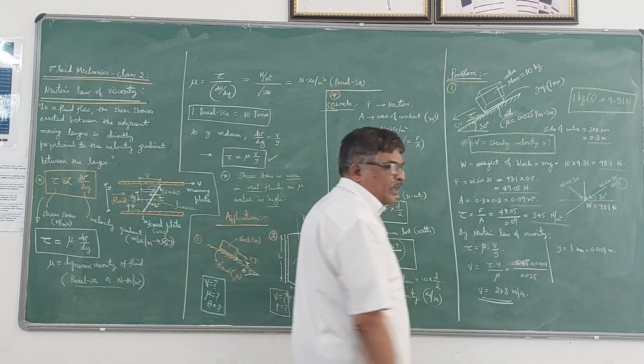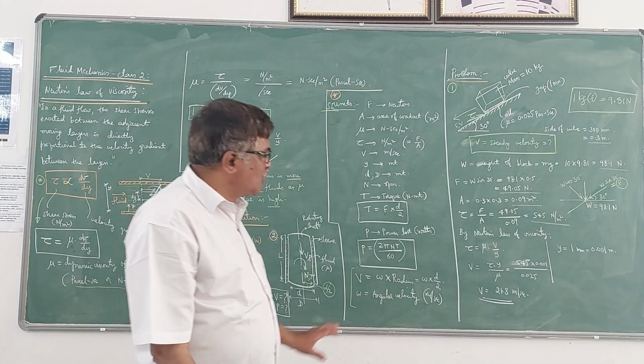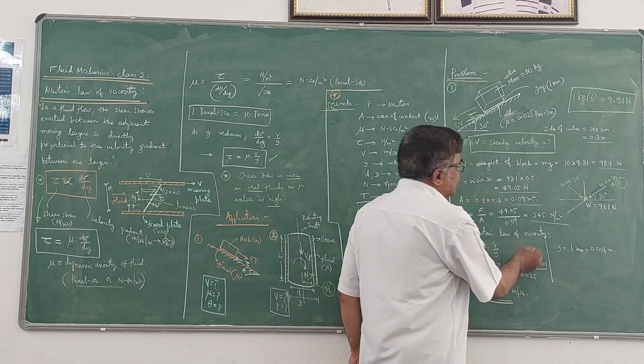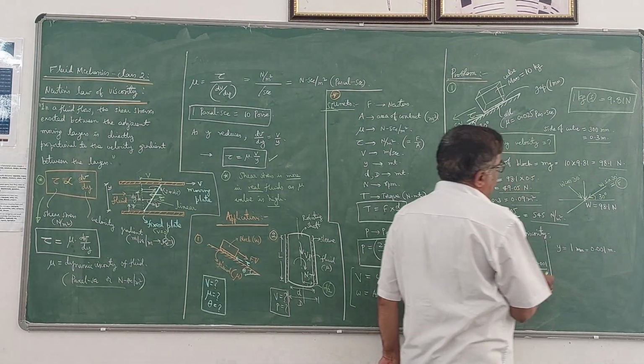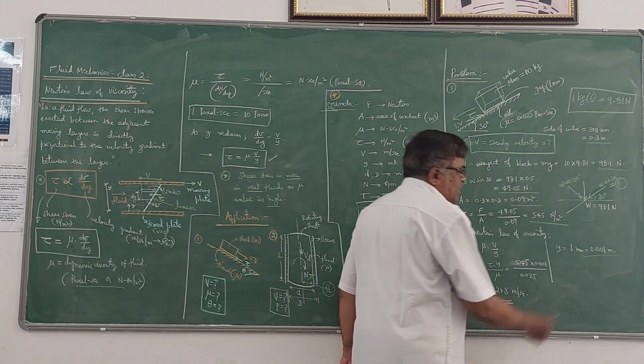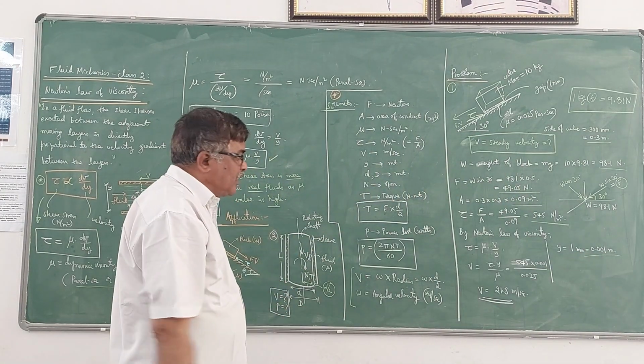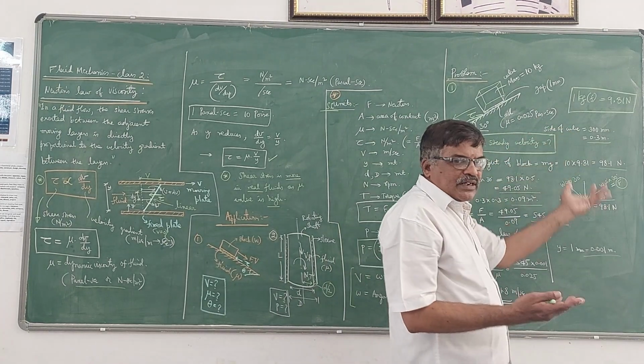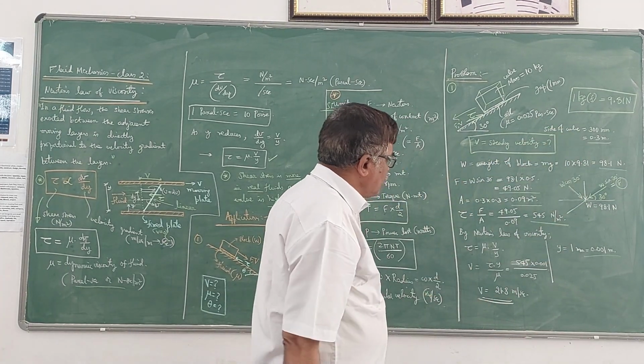Everything should be substituted in SI units. Tau is 545 Newton per meter square, into y, which is 1 mm, so it should be converted to meters, which is 0.001 meter. Be careful there. Divided by mu, which is in Pascal second, so it is in SI unit. Directly you can substitute 0.025.